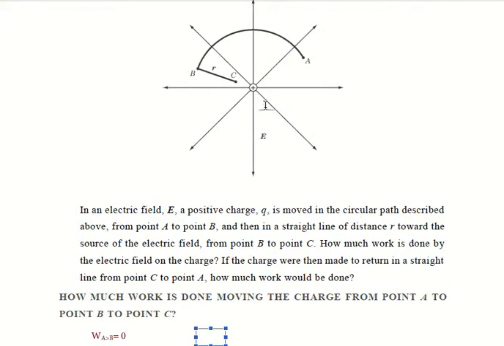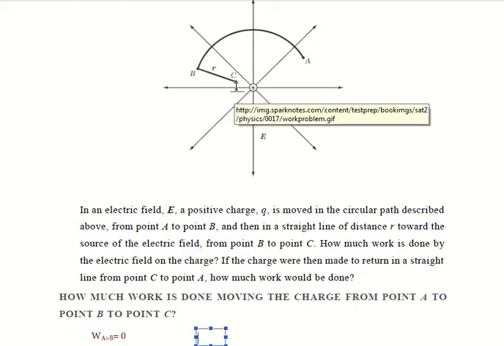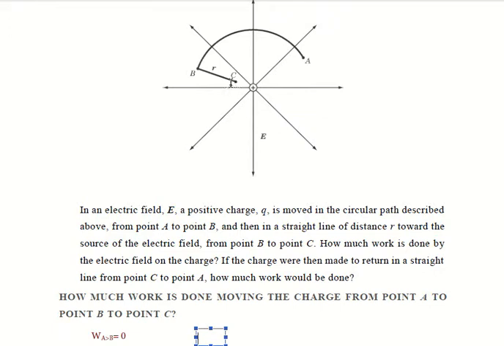Alright, for B to C though, let's see. From B, we come straight in toward the center charge, a distance r towards C. So that means all of the work is going against the field. Since we have a positive charge, we're going against the field lines.